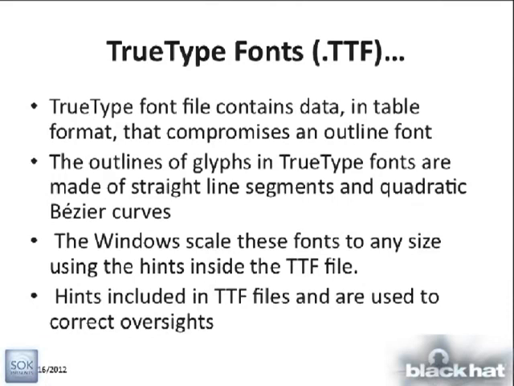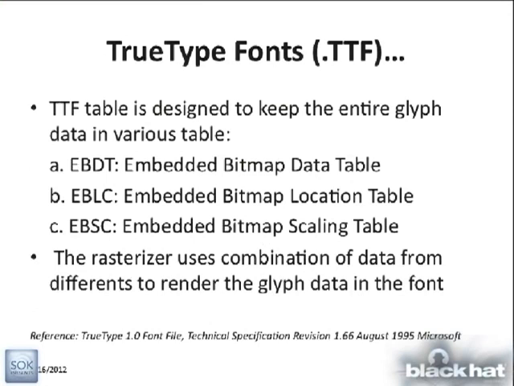Before we talk about the vulnerability, here is a short introduction to the TTF font file. Basically, a TTF font file contains data in table format that comprises an outline font, and Windows scales this font to any size using the hints inside the TTF font file. As a summary, there are three tables involved in embedded bitmaps in a TTF font file.